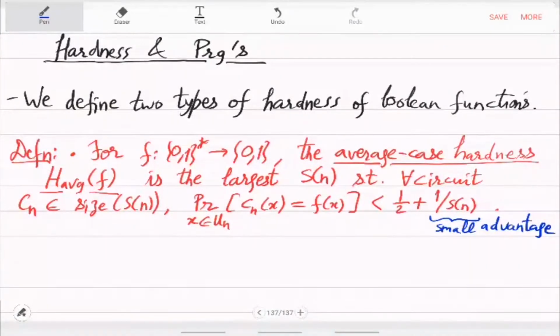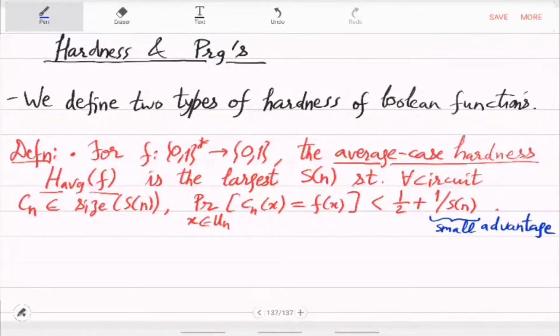So we say that F is average case hard, or F has average case hardness S, if circuits of size S cannot give you advantage more than 1 by S, or they have advantage less than 1 by S. Okay, so half is for free just by tossing a coin and giving the answer, but nothing better these circuits are able to do, or not much better.